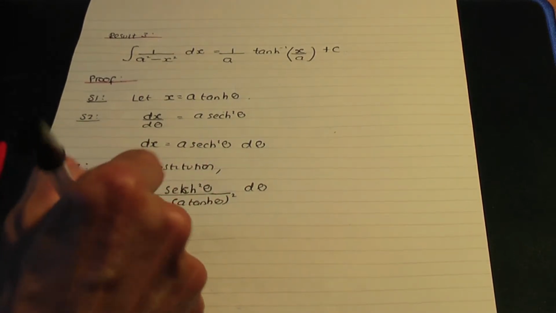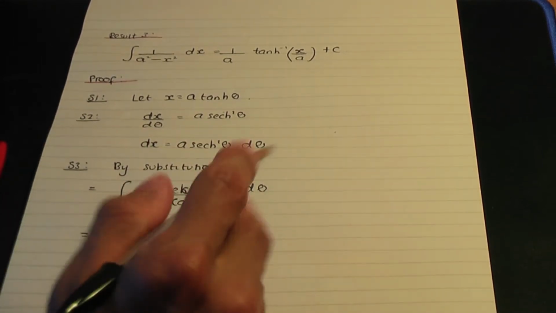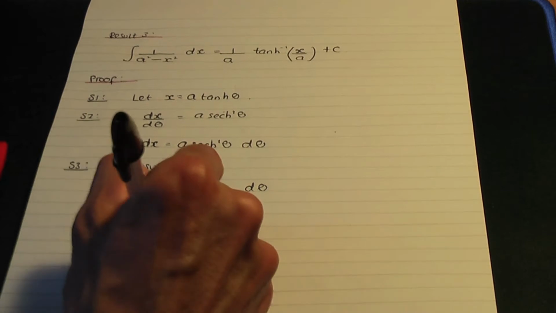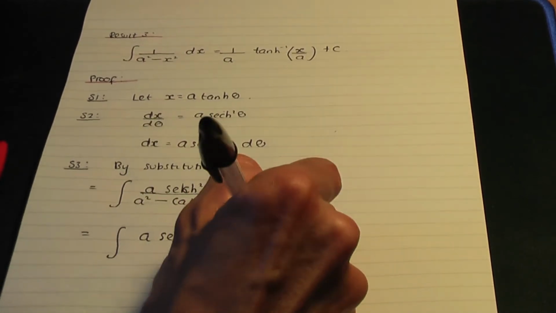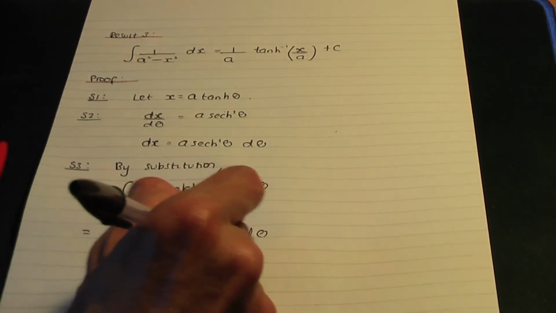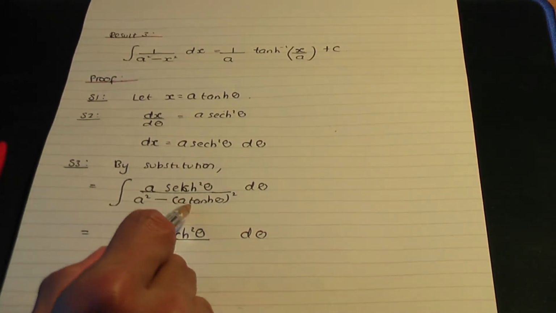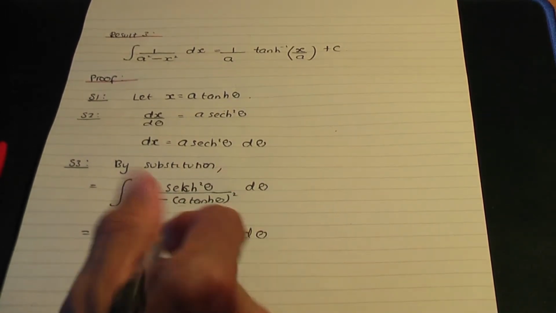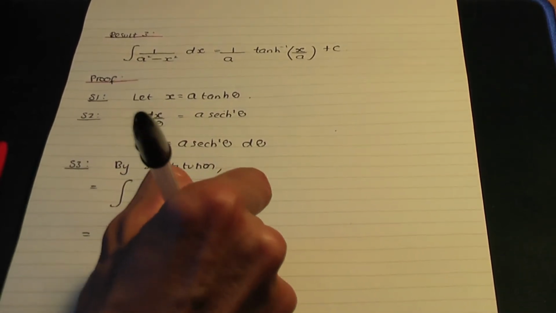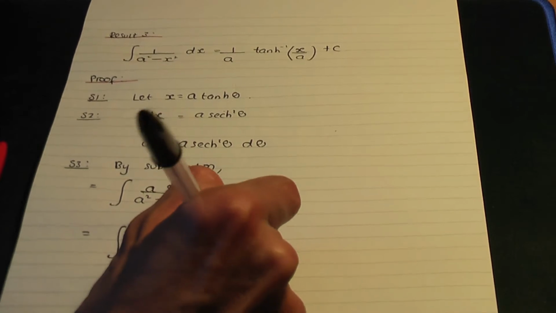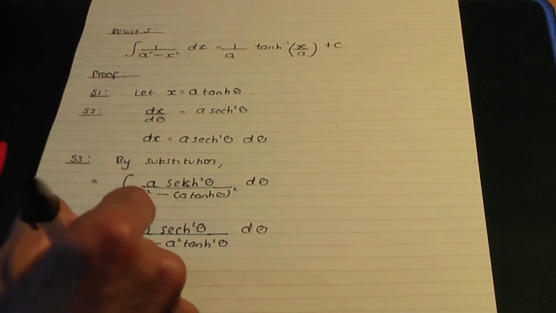Now let me expand the brackets in the denominator. So I have a hyperbolic sec squared theta on top over, and if I expand this bracket in particular, I'll have a squared minus a squared hyperbolic tan squared theta below.